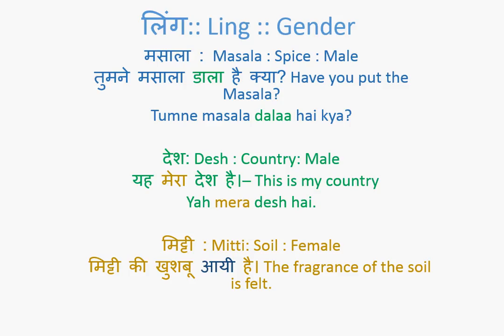Even otherwise, a person of an Indian origin returning to his homeland loves the soil that he puts his feet on. So mitti is a very special word for an Indian. Mitti ki khushbu. It's the soil of the homeland. So, mitti ki khushbu aayi hai. The fragrance of the soil is felt.